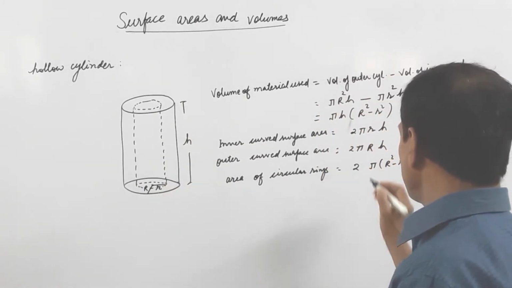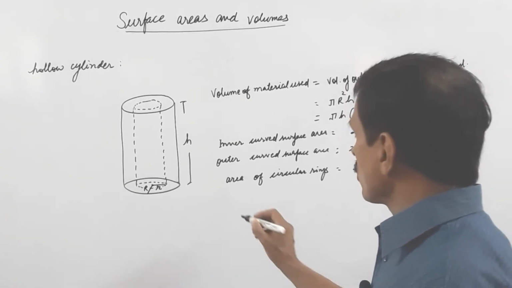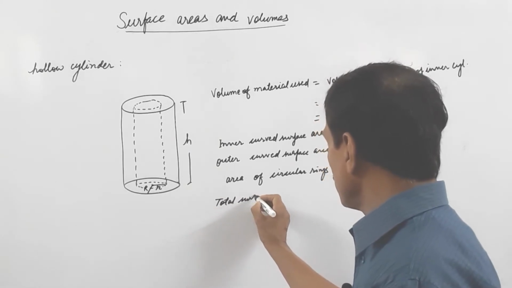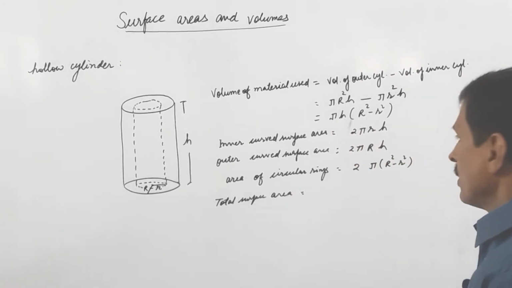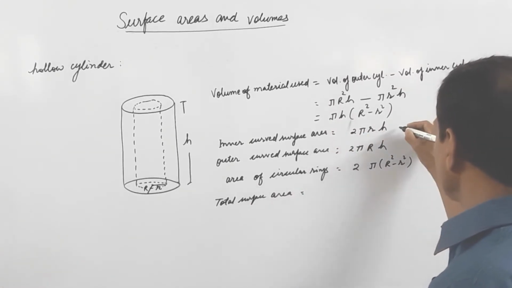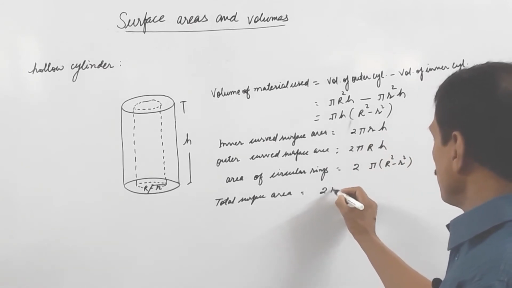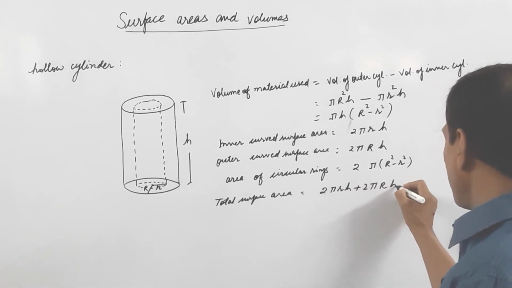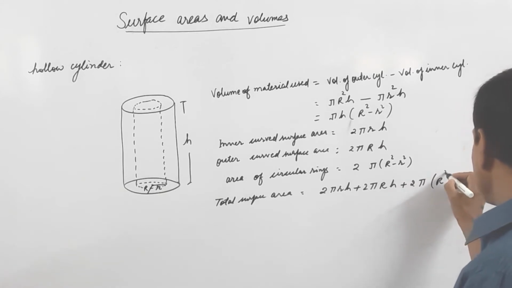So this is 2 times of area of one ring. Then total surface area is equal to sum of all these three surface areas. So that is 2 pi R h plus 2 pi r h plus 2 pi into R square minus r square.